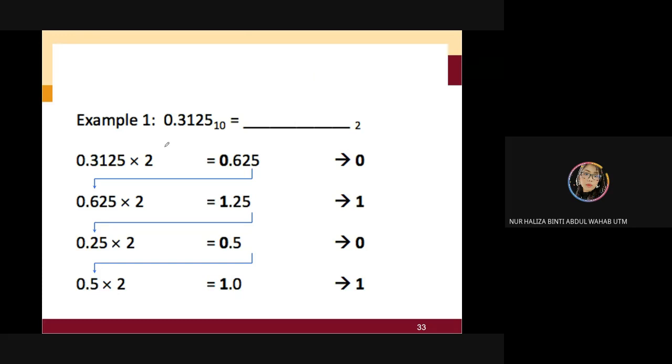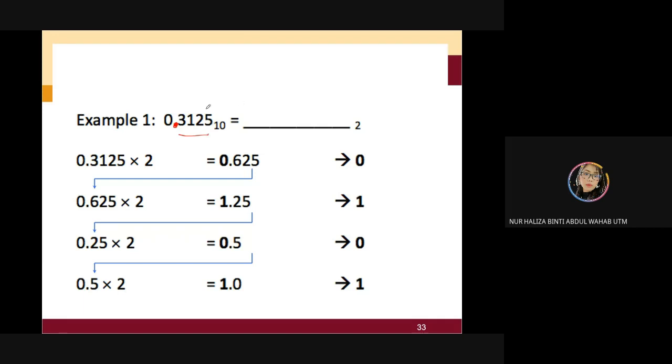Okay, now let's take a look at this example. Let's say you have 0.3125, the decimal number, and you want to convert it into binary. So previously, if this is an integer number, you will use the division, right? But because this one is a fraction number, you need to multiply.